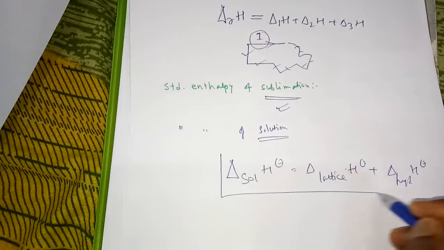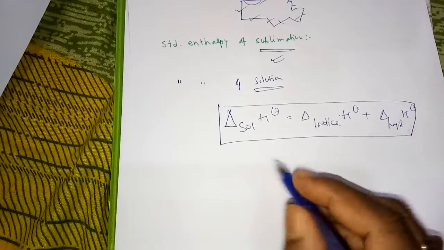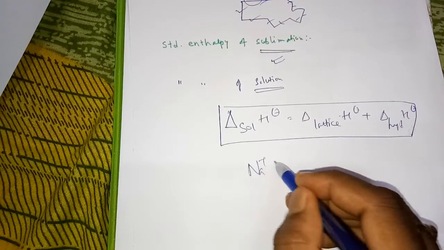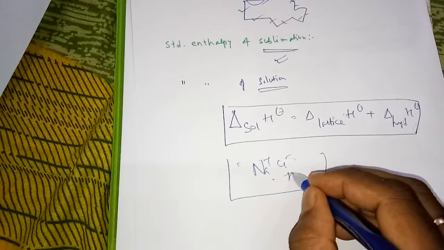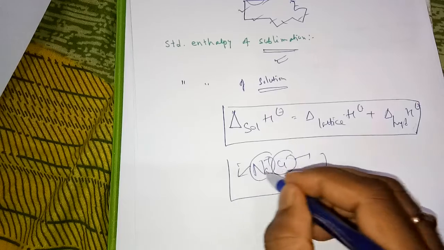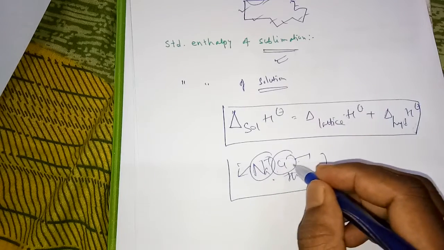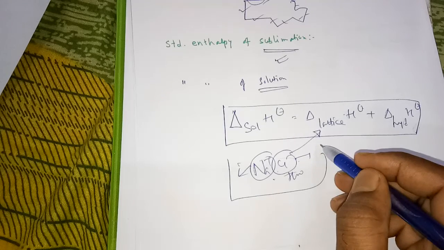Now, for example, if I take NaCl, Na positive and Cl negative, if you take that in water, first of all your Cl and Na will be separated. To separate the Cl and Na, we require to give energy. This is your lattice enthalpy.